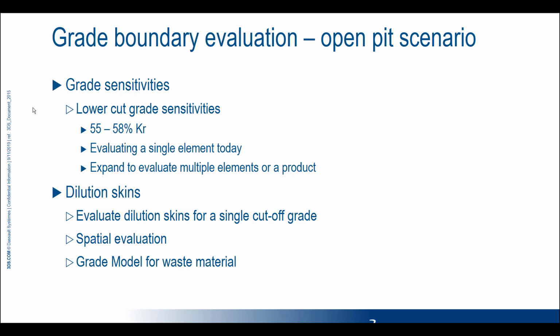So we're flexing the lower cut between 55 and 58% to see an impact on bench tonnes and grade for this particular project area. Of course, that could be expanded to multiple elements if you have a polymetallic deposit, or it's certainly possible to set up a product style flag.